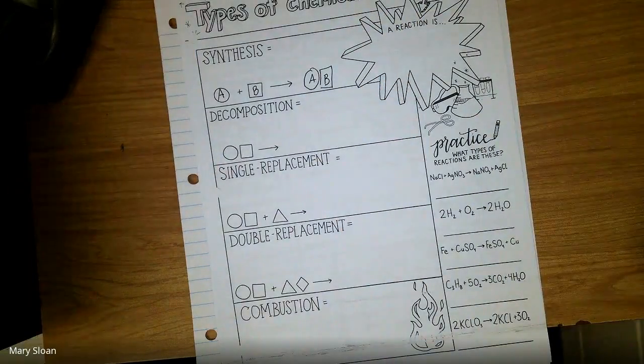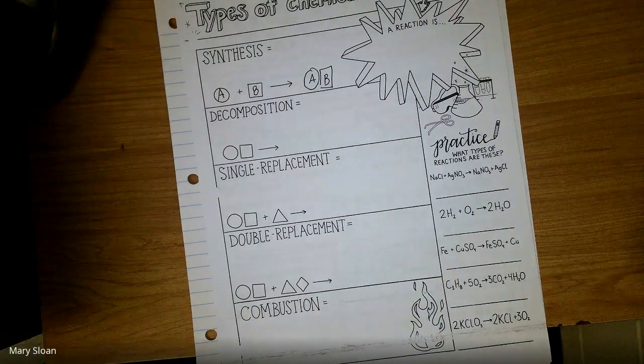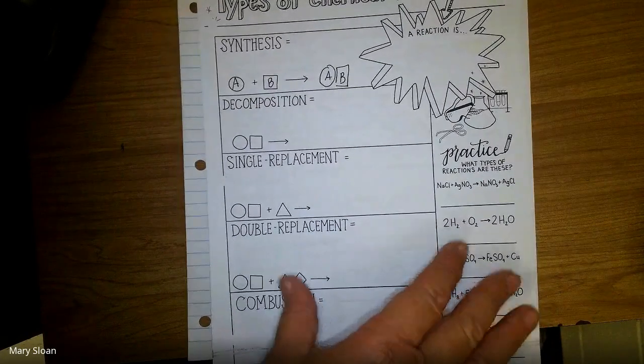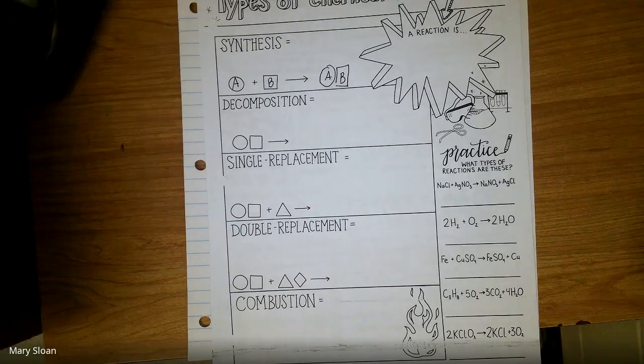When something is going through a synthesis reaction, they're combining together to make a compound. We kind of did that with our lab. We went through with our candy and our water, and we stirred it, heated it or whatever, and it made a compound after it dissolved. So that's known as a synthesis reaction.